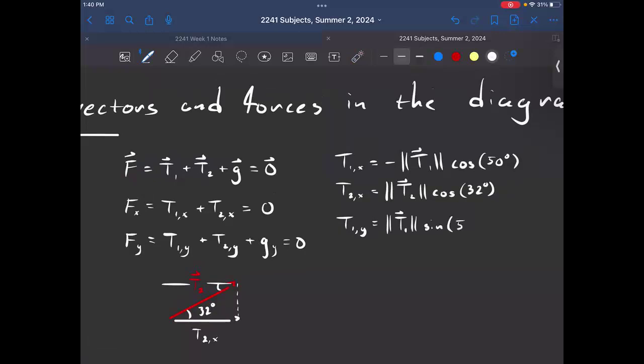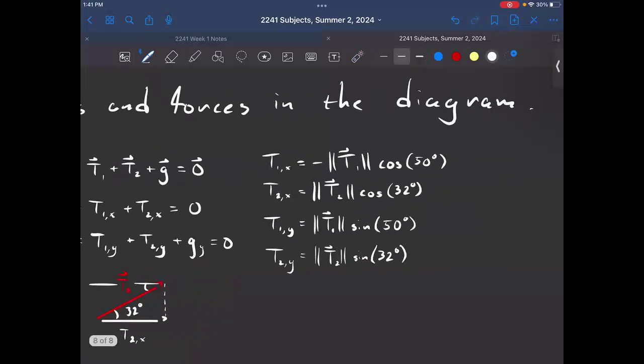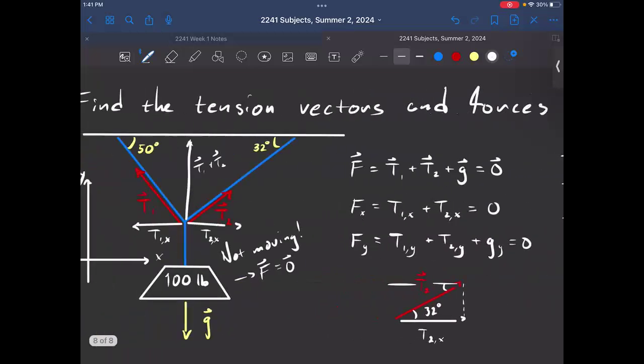This is T1, so we'll use 50 degrees. And for T2y, we'll use the sine of 32 degrees. All right, and then Gy is just going to be minus 100. As we see, it's pointing directly in the negative y direction, and it has size the same as the mass of the object.